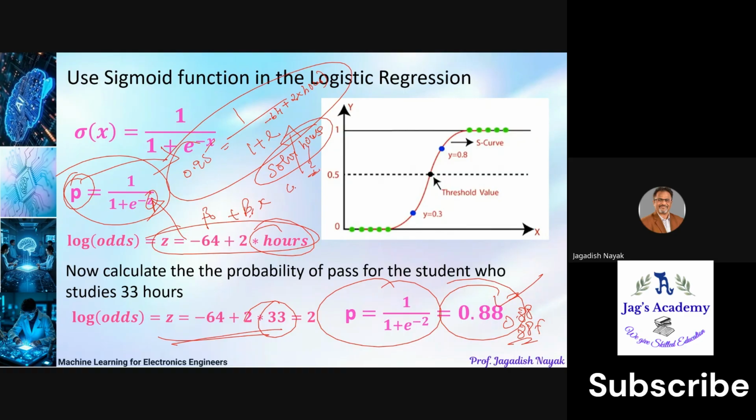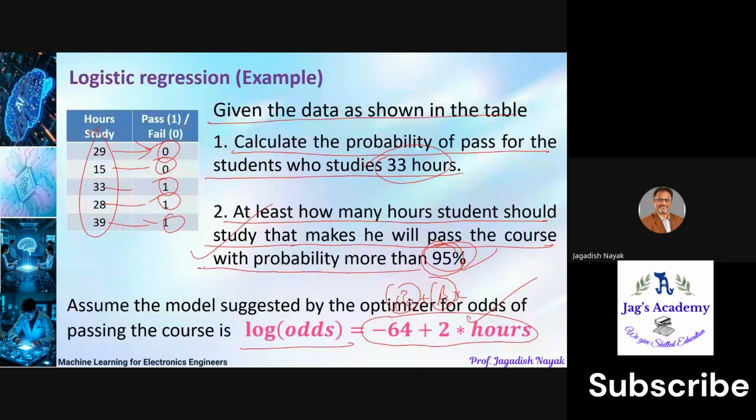I will leave it to you to calculate the hours: how many hours he has to study to get a passing probability of 95%. That's the answer for the second question: at least how many hours the student should study to pass the course with a probability of more than 95%. Just a reverse calculation.